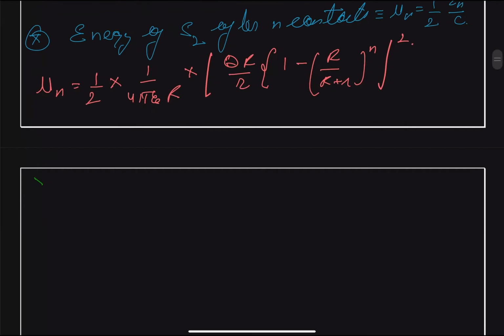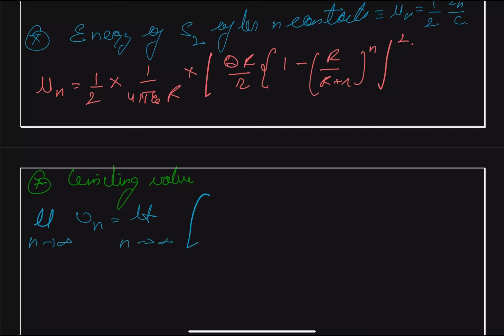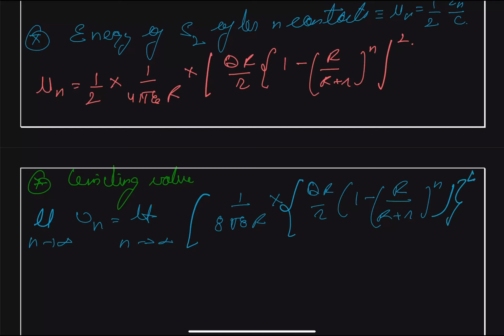So we can write that the limiting value, we get limit n tends to infinity U of n will be equal to limit n tends to infinity, and we substitute the value, we get this as 1 upon 8 pi epsilon naught r, and into this comes QR upon r, 1 minus (r upon R plus r) whole raised to the power n, and this is our square and the bracket closes.